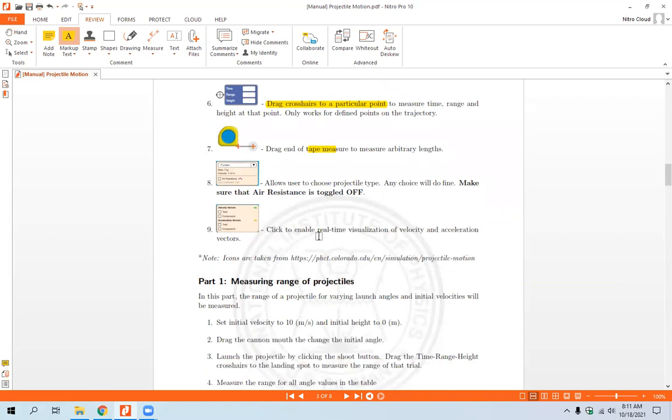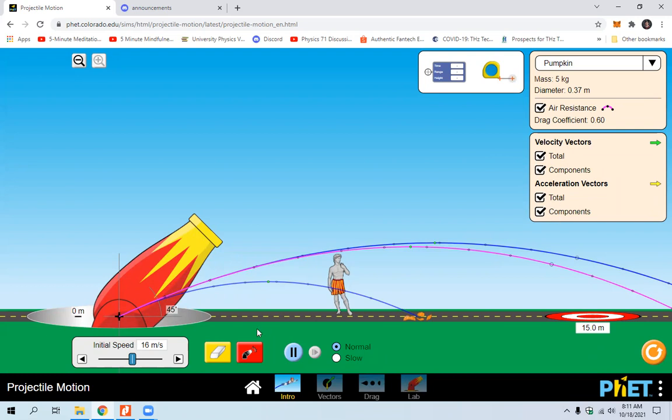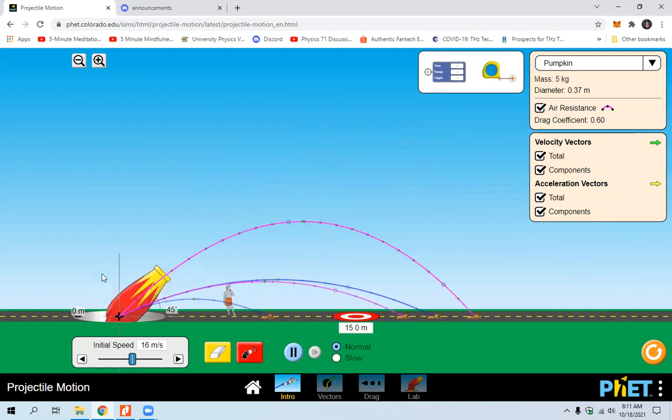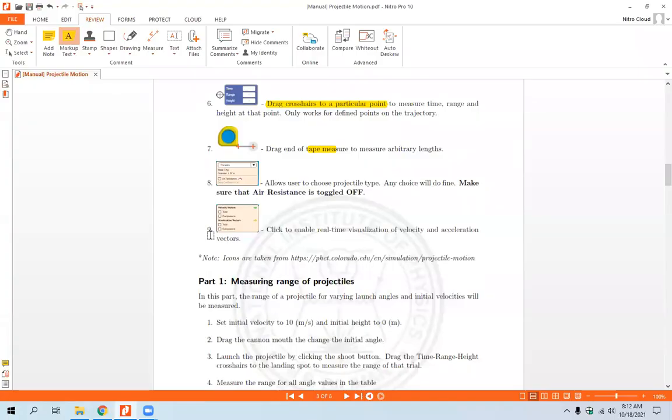Ito number 8, real-time visualization of velocity and acceleration vectors. Actually, di nyo gagamitin to. Pero just as an example, pwede nyo makita yung components ng velocity and acceleration as you fire your projectiles. So yan, may mga arrow components lang. It's nice to know, although di nyo naman kailangan for this experiment yan.